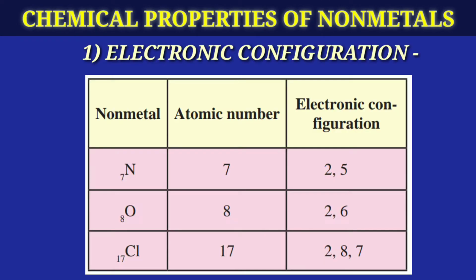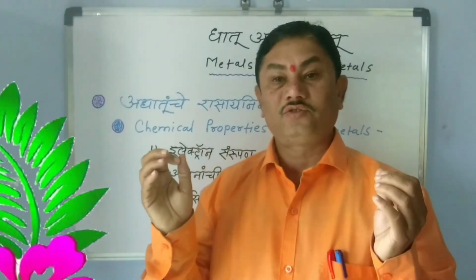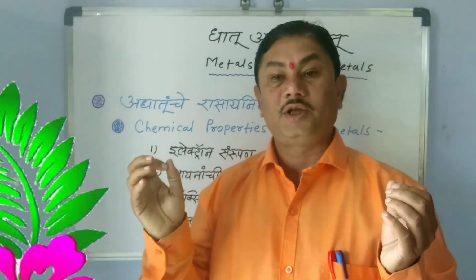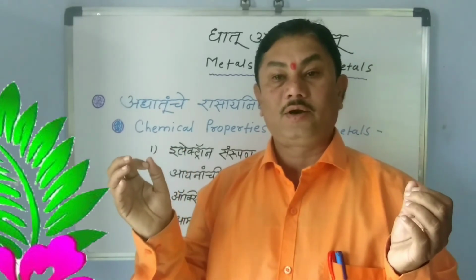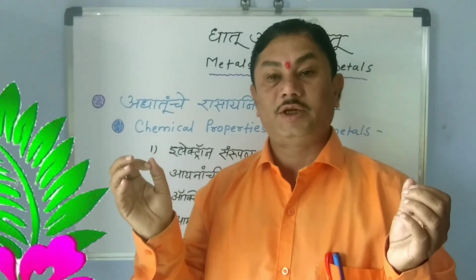When we look at the given table, we find that a nitrogen atom contains 5 electrons in its valence shell, an oxygen atom contains 6 electrons in its valence shell, while a chlorine atom contains 7 electrons in its valence shell. Hence, generally, nonmetals contain 5 or 6 or 7 electrons in their valence shell.